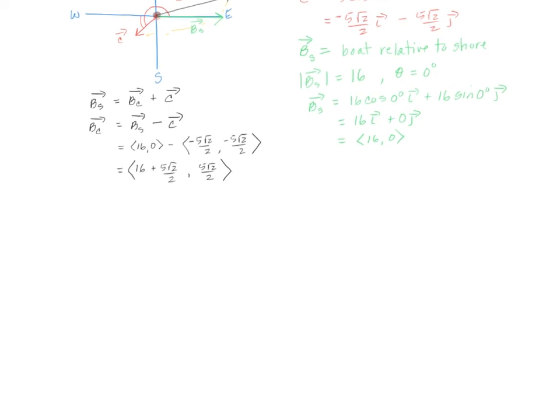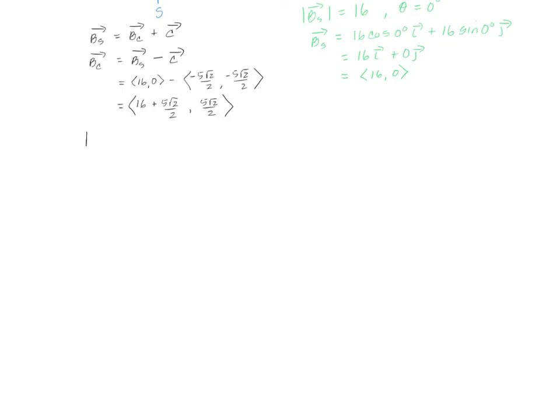To find its speed, I would simply take the square root of 16 plus 5 square root of 2 over 2 quantity squared plus 5 square root of 2 over 2 quantity squared.